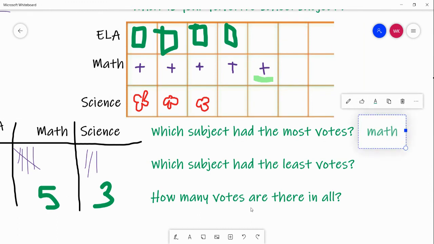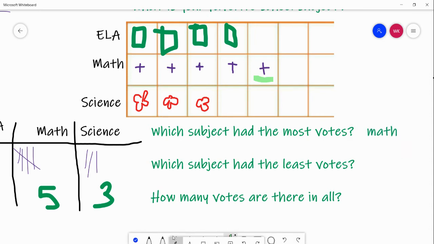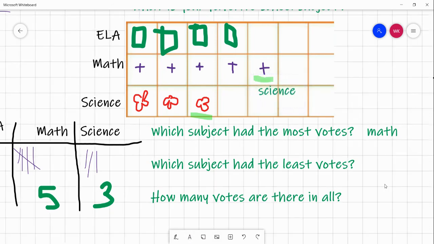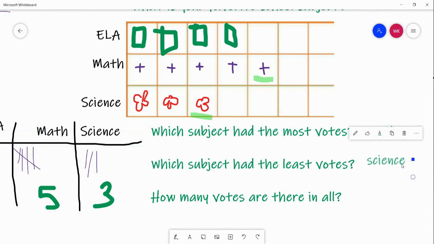Which subject had the least votes? So now we're going to look at our chart again. We had 4 votes for ELA, 5 votes for math, and 3 votes for science. So the subject that had the least amount of votes was science. And now we're trying to figure out how many votes there are in all. So we're going to count all the votes that people made.